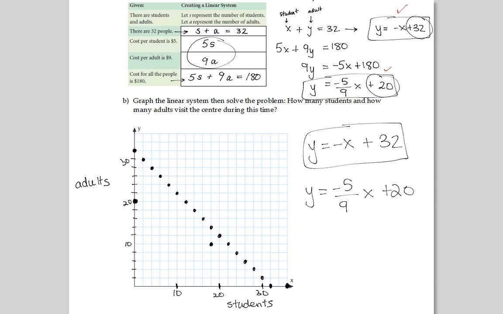Didn't look like it crossed very nicely. So this is where you probably want to use a straight edge tool. So look like it crossed right about here. It's not very ideal.